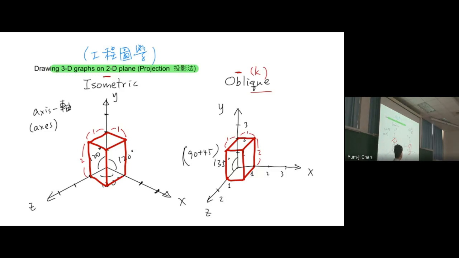I'm not sure, because some of you are using your tablets, and I assume for some programs, if you draw a line not very strictly and hold it, it will turn into a straight line.